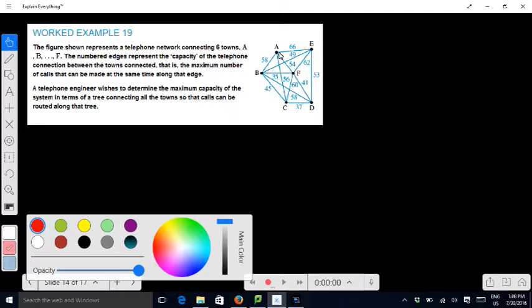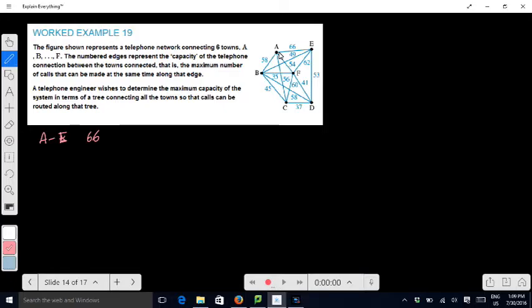Okay, so using Prim's algorithm again, just by inspection, in this case we want the maximum. So the maximum number is A to E by the looks of it. So we're going to start with A to E because that was the maximum, which is 66.